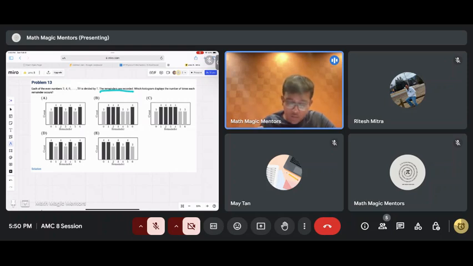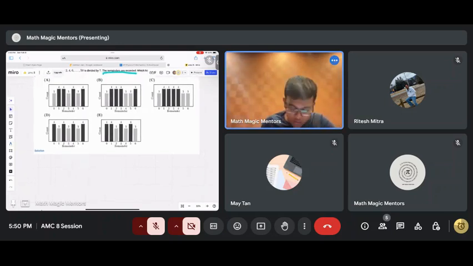So let's try to understand what the problem is saying. The problem is saying, okay, I have all the even numbers from 2 to 50, and we're dividing them by 7, and we record the remainder. So let's say an even number from 2 to 50 is x, right?